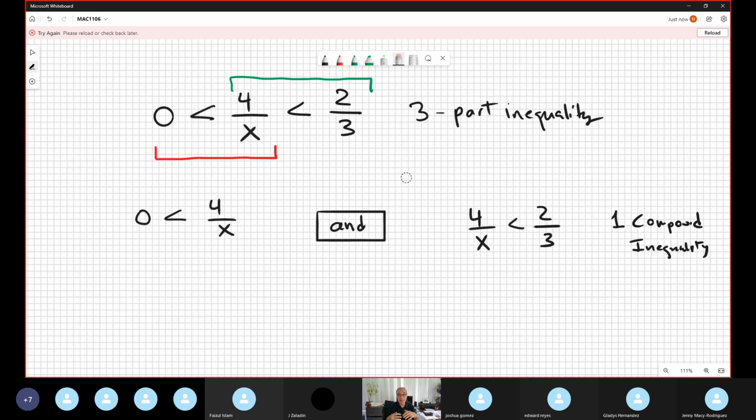So you split the three-part inequality in one compound, and the one compound contains two parts. You solve it separately now, and in the last moment you put together in the number line using and. And is intersection.